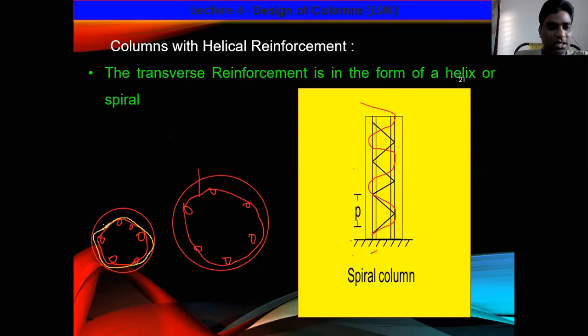So this is the helical reinforcement, and this is your lateral tie. This is a combination of helical reinforcement and lateral ties. This is only the helical reinforcement, right? So the transverse reinforcement is in the form of a helix or spiral, right? If you provide it, then the strength of the column is increased, right? So this is how you can do it, right?